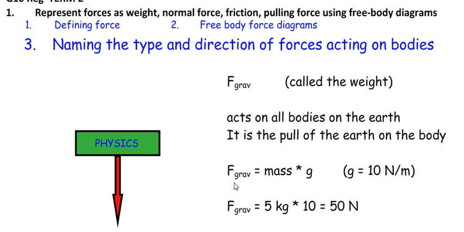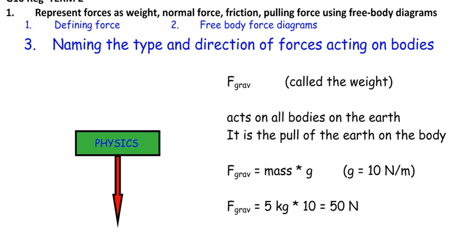The weight, or gravitational force, is found by the following equation. Gravitational force equals mass times g. g is, of course, known as the acceleration due to gravity, or the gravitational field strength, and takes a value of 10 newtons per kilogram. So the gravitational force for a mass of 5 kilograms is 50 newtons.